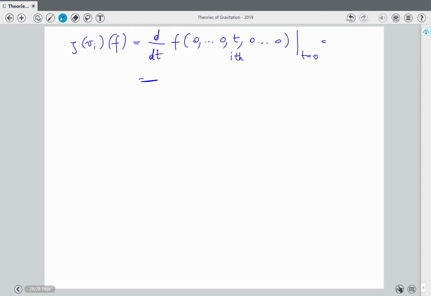So obviously this is nothing but the derivative with respect to xi calculated at t equals 0, which means partial xi of f in p. And so you can say that the isomorphism is the one that sends vi to partial xi, you can drop f on both sides, and that is the isomorphism.